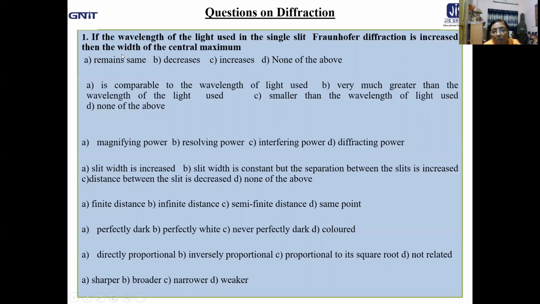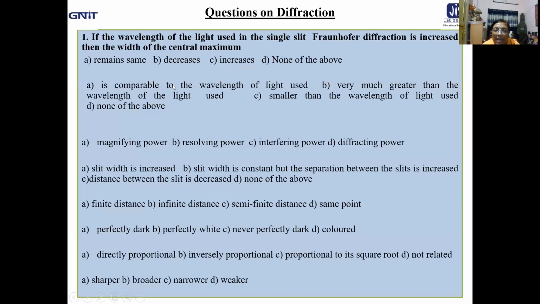We will do the problems and you will get that through numerical applications. So the central maximum is the diffraction intensity lying between the two first order minima. With m equal to 1 you get theta, which is directly proportional to lambda. Naturally, if you increase the wavelength, the width of the central maximum increases.